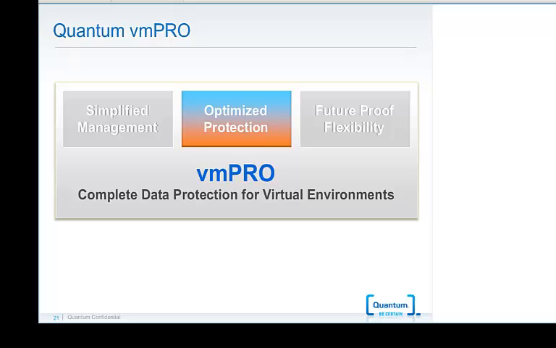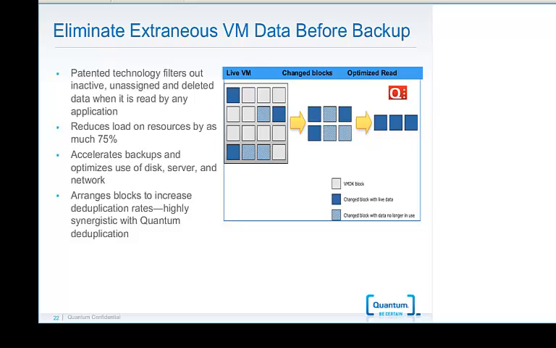Moving right along to optimized protection. We talked earlier about VMs being over-provisioned and essentially needing to go on a diet. I'm going to let Mark discuss how VM Pro can put your VM on a Nutrisystem program to reduce load on resources by as much as 75%. Mark? Sure.